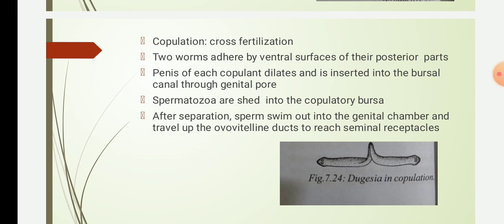Copulation in planaria. Though planaria is a bisexual or hermaphrodite, it practices cross fertilization. Here self fertilization is absent or does not occur.